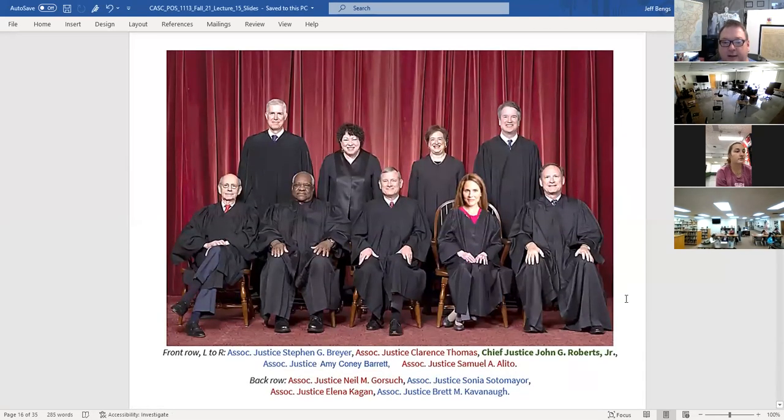Here are the justices on the Supreme Court. You guys are living in a historic time when we have 3 females on the Supreme Court, because the first female justice was not appointed until around 1980, 81, 82, Sandra Day O'Connor.